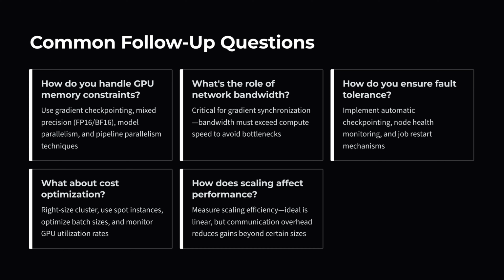Cost optimization usually means reducing idle GPUs, tuning batch sizes, improving data pipelines, or using preemptible nodes. Scaling questions are common. The clear answer is that scaling flattens because communication, I/O, and synchronization grow with every additional GPU. Even top research labs face the same constraints.